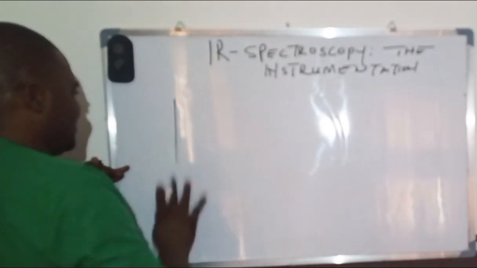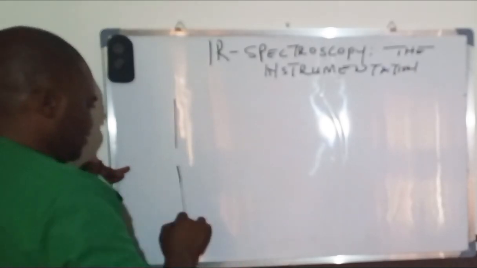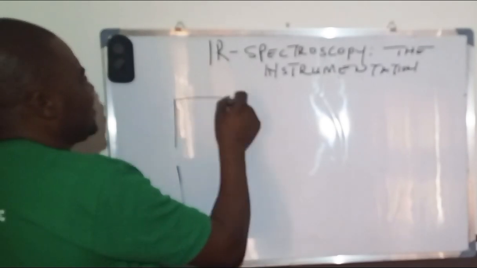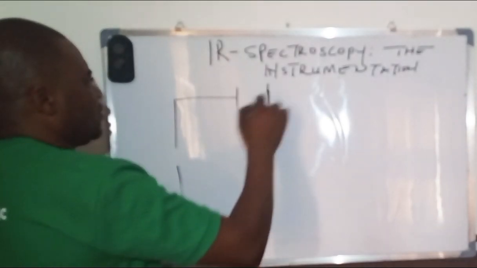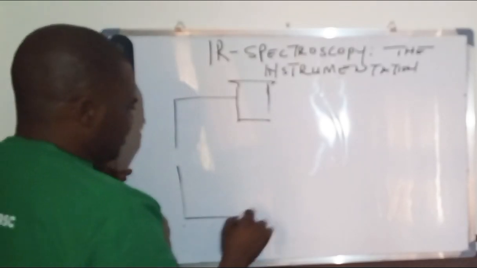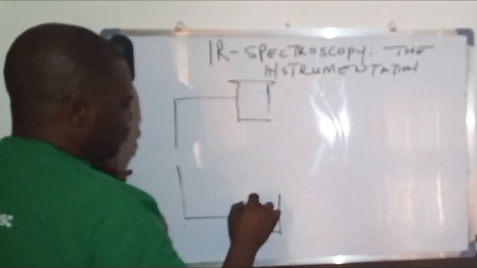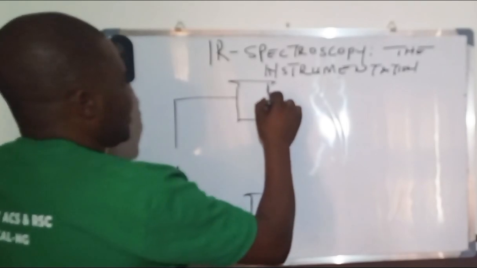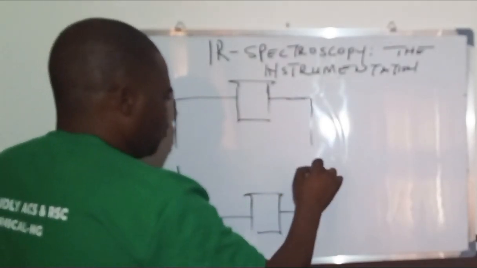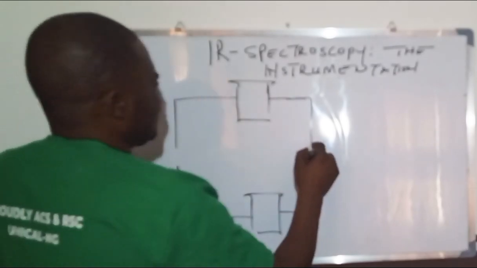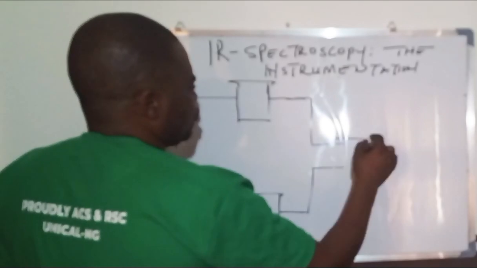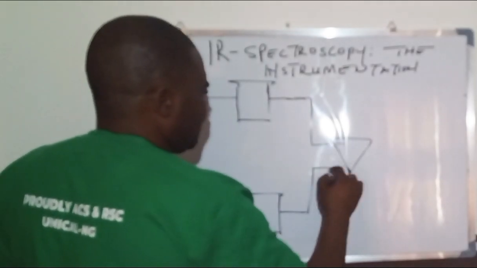We have this, and then we have these two, and we have this linking us to a sample container, and also linking us to a second sample container, and then we have this bringing us down to this point. We have the transmitted radiation from here. This radiation links us into what we call a transducer.